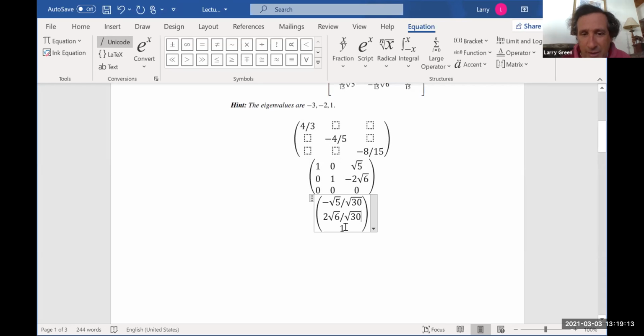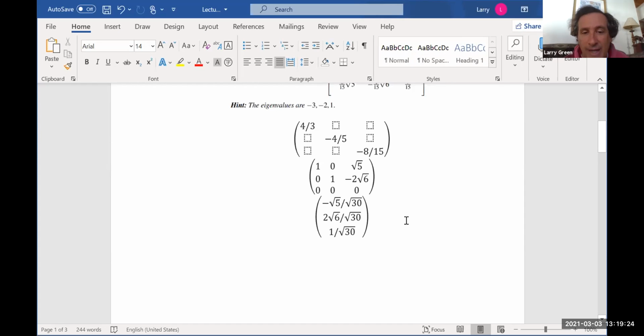And then 1 divided by the square root of 30. Okay, and that now is a unit vector, and I'm guaranteed that it'll be orthogonal to the other two that I find by plugging in -2 and 1 into A minus lambda I. Right? Because that's what the theory tells us. Any questions on that idea?